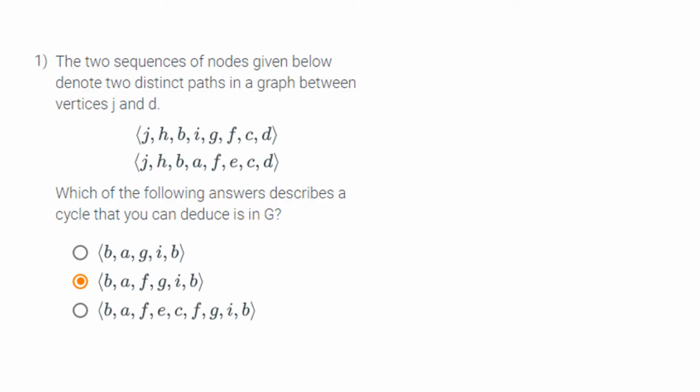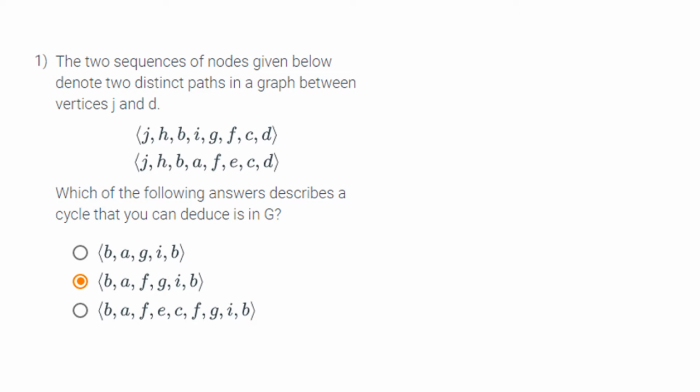Now in zyBooks, they have this problem soon after they go over that proof. And I wanted to show you because if you don't understand what they're doing, it could be a little bit confusing. We just showed in that proof that we assumed there was more than one unique path, and then we found that that meant there had to be a cycle in there, right?